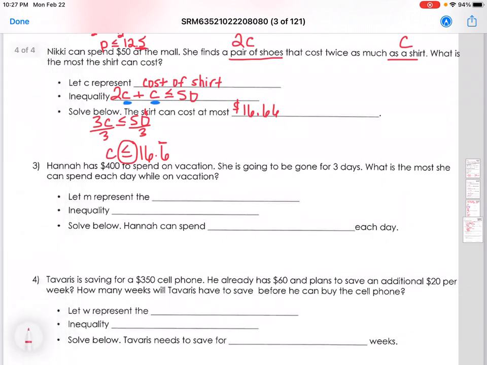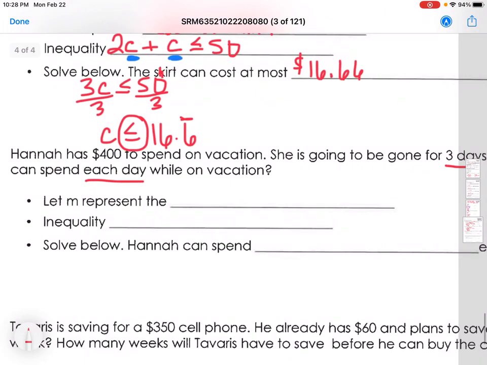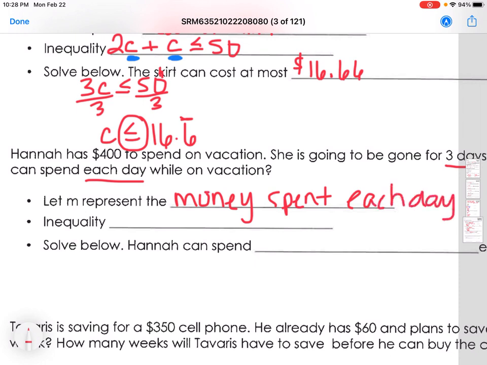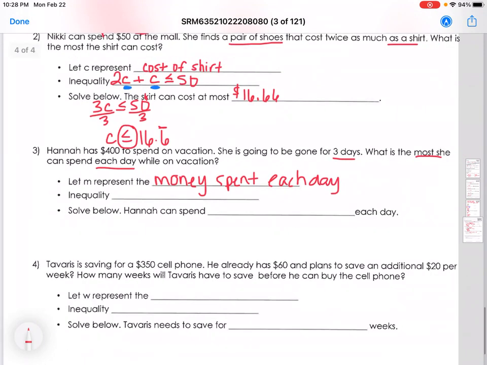Okay, number 3, Hannah has $400 to spend on vacation. She is going to be gone for 3 days and wants to know what is the most that she can spend each day. So M could represent the money spent each day.